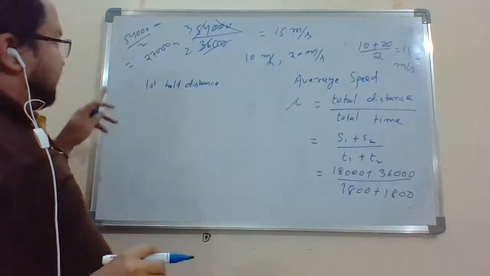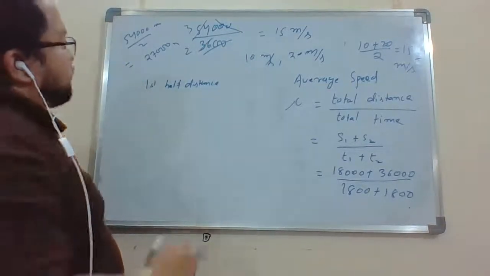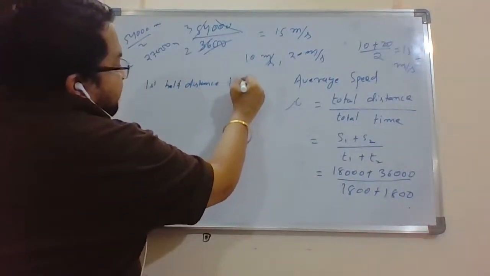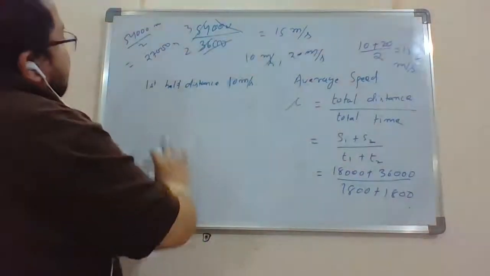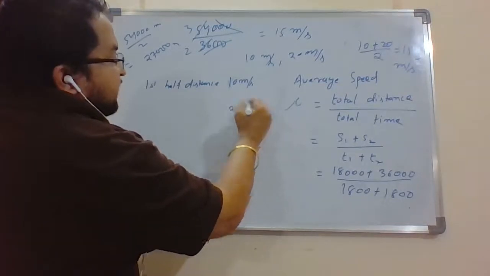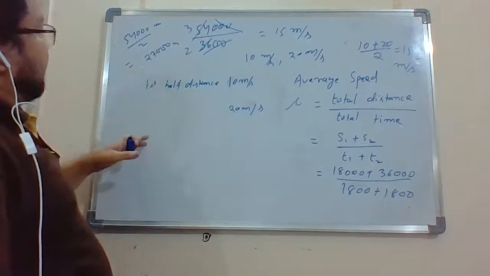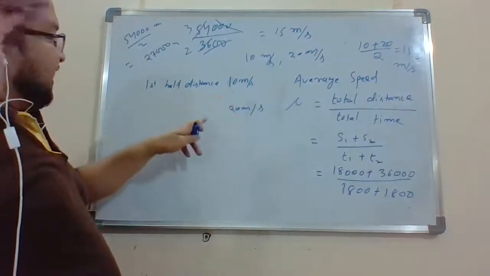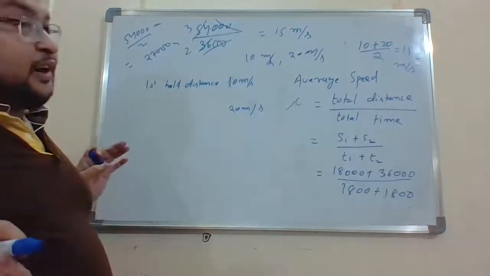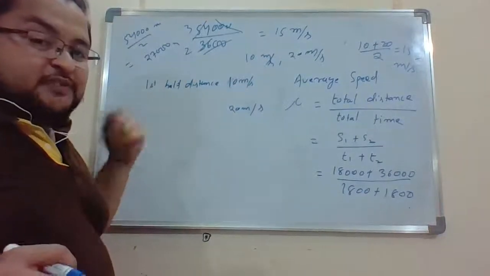So if I would have said the motorist traveled the first half distance at a speed of 10 meters per second and the next half distance at a speed of 20 meters per second, I have taken time out of this equation. Okay, and then I'm asking what is the average speed.